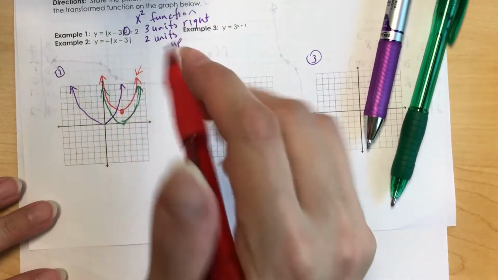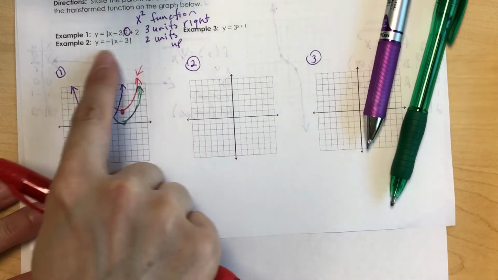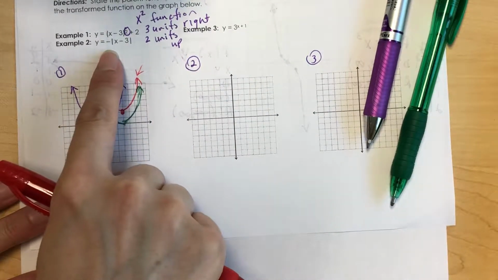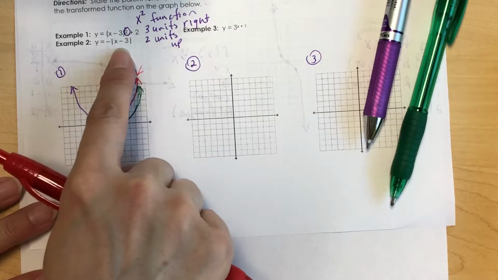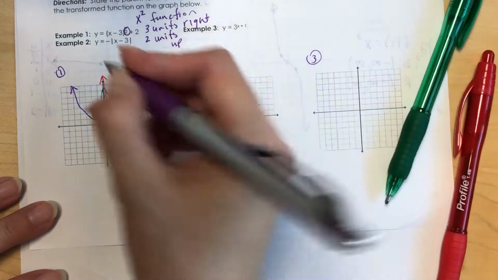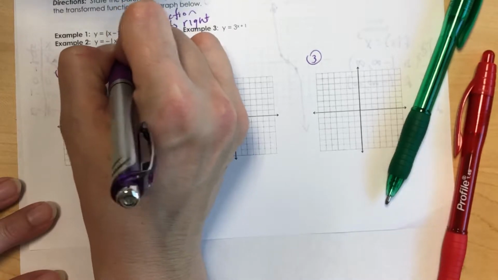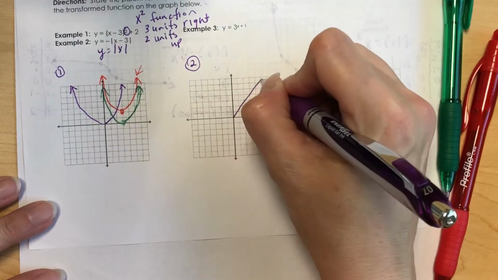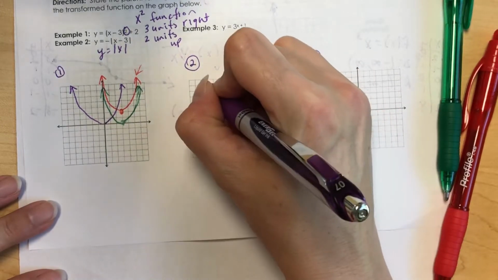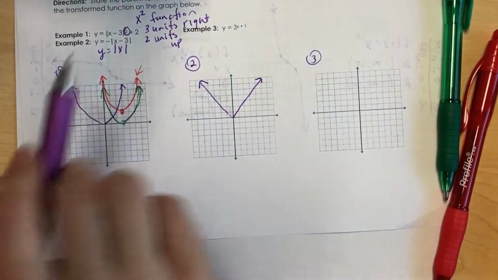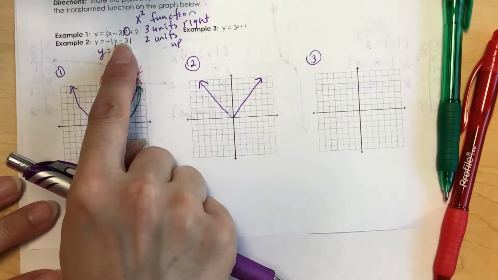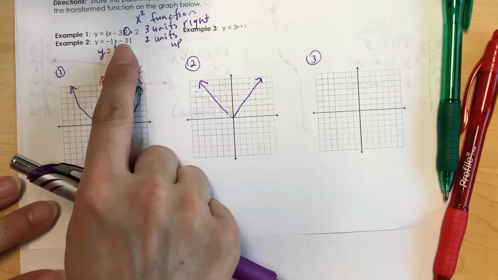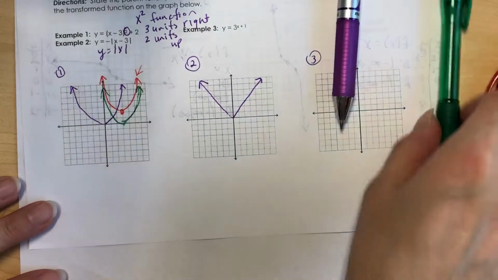For example 2, what parent function do I have this time? I see absolute value bars. So we've got y equals absolute value of x. Let's draw that first. It's a V shape. The inside I have a negative 3, so just like in example 1, that's another horizontal shift, and it moves to the right 3 spaces.